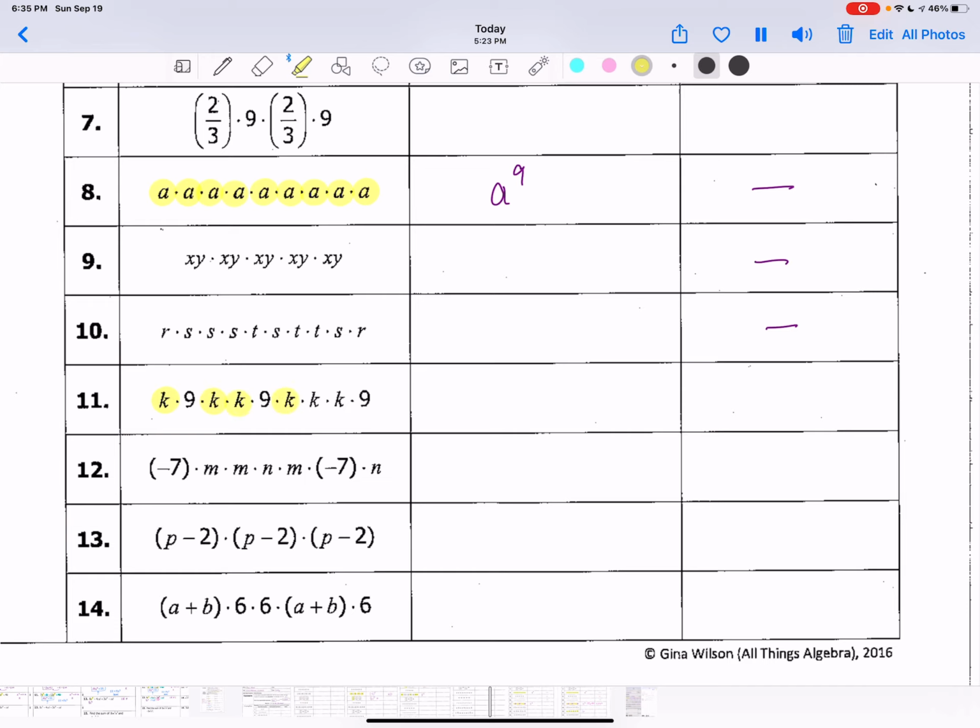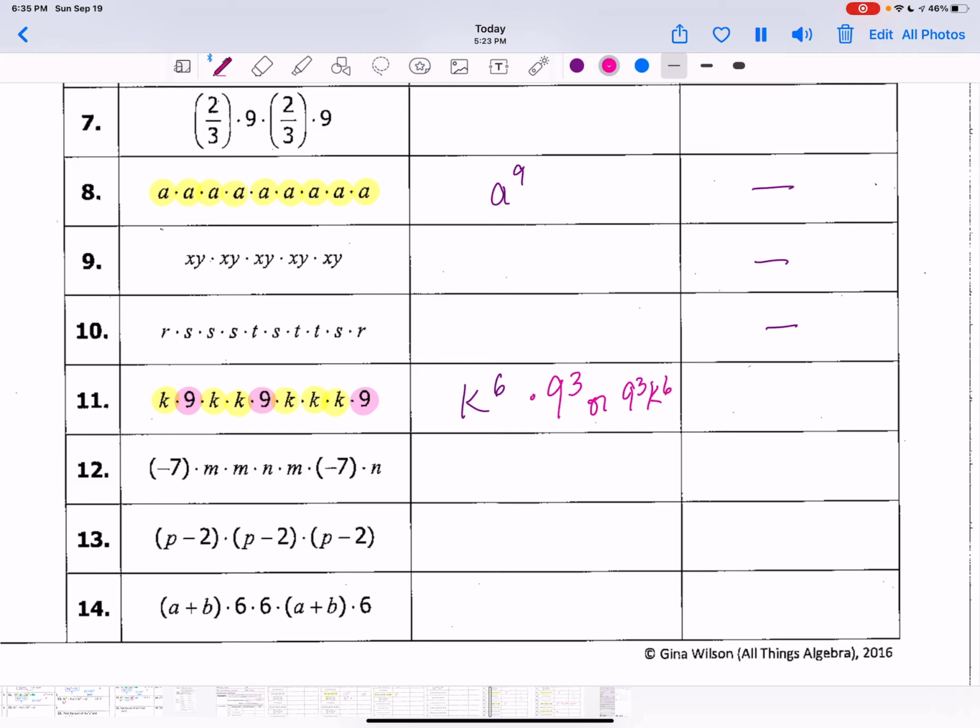All right, let's come down and do this next one. We have a mix of K's, so number 11. So we're going to count our K's. K is the base, and we've got 6 of them. And now let's count our 9's. So 9 is the base, and you've got 3 of them. And you're technically multiplying this together. Now, usually when we write this, we put the number first and then the variable.